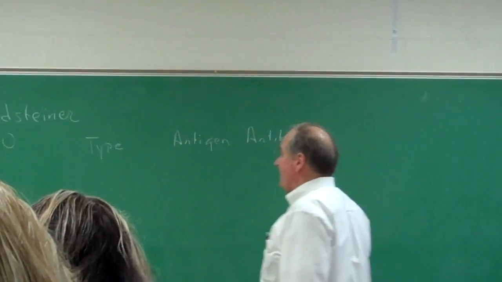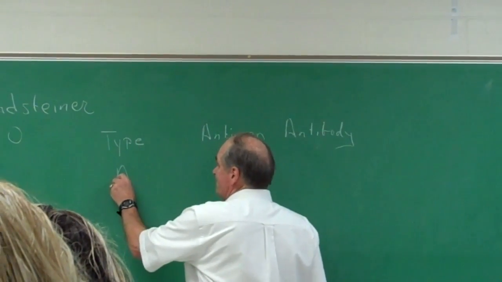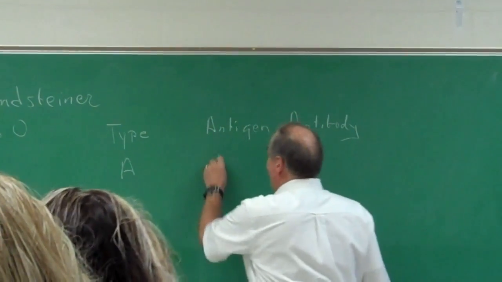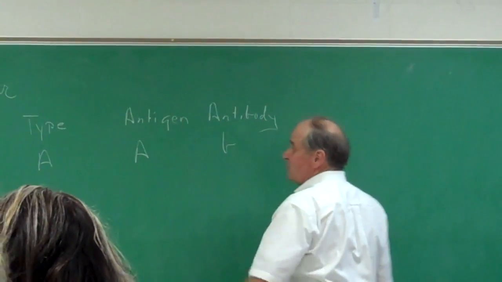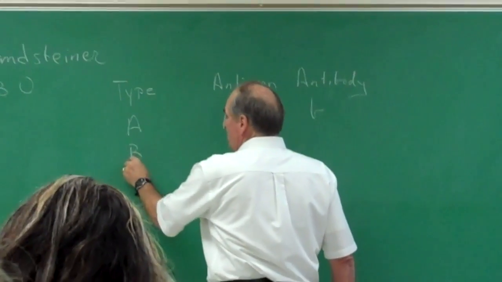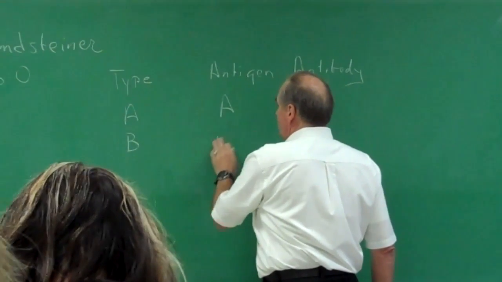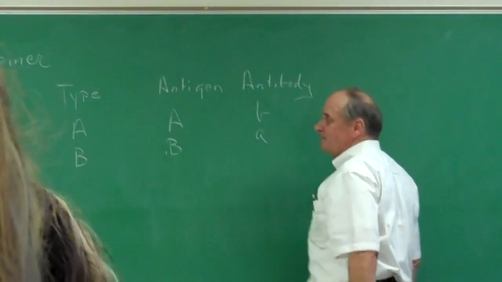I'm type A. I have A antigen associated with the red blood cell, and I have B antibody associated with the plasma. If you are type B blood, you have B antigen and A antibody.